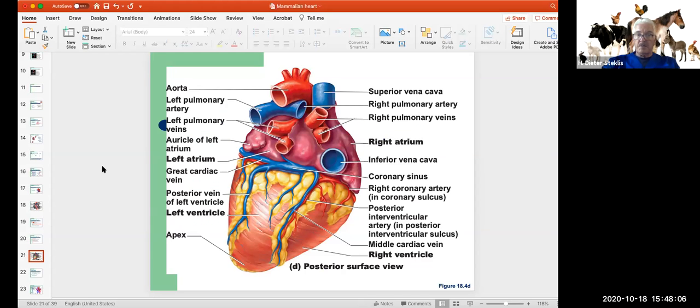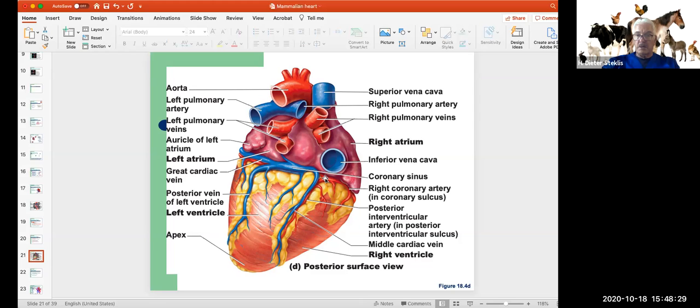So here's a nice view of the heart with some of the major vessels that we've been talking about. What I want to point to here is that the heart muscle itself needs blood supply. What's nicely shown here are the coronary arteries and coronary veins.